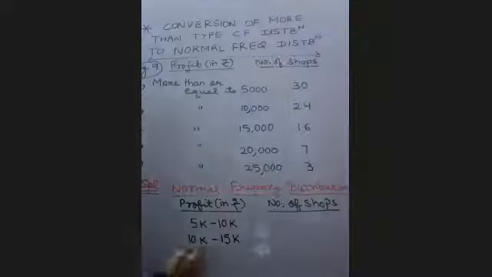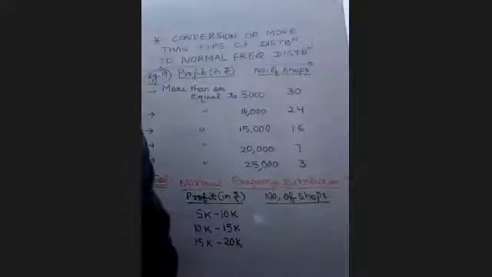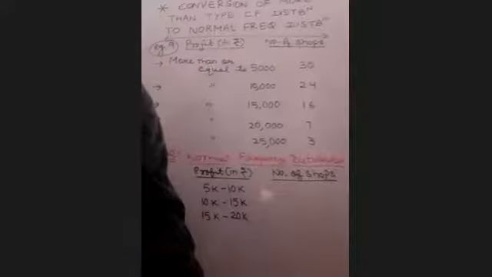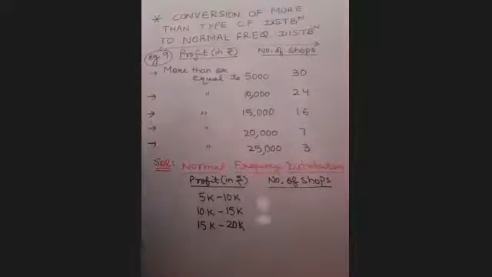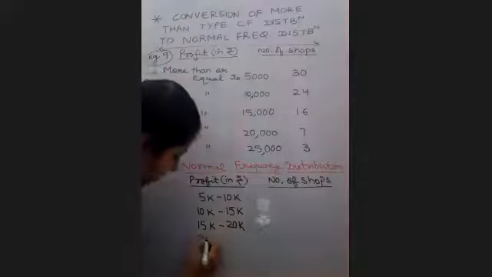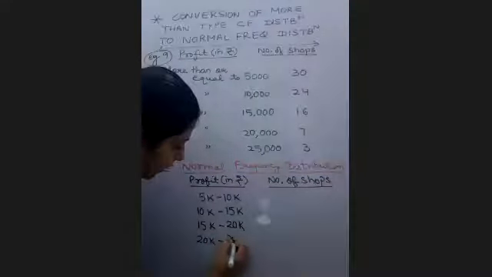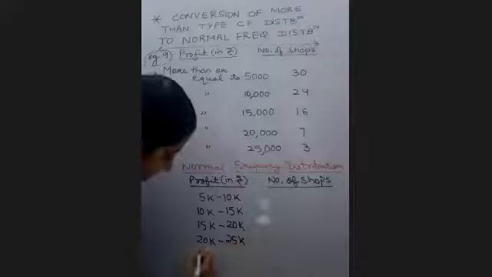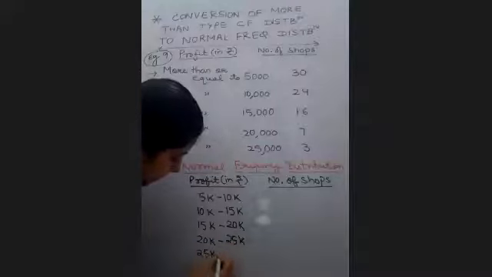After that, 15,000 to 20,000, and then 20,000 to 25,000, and then there would be 25,000 to 30,000.